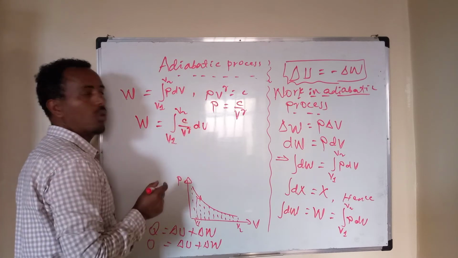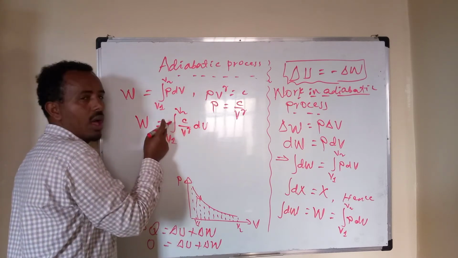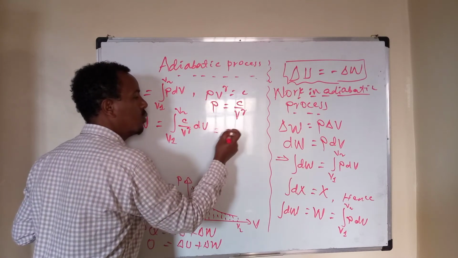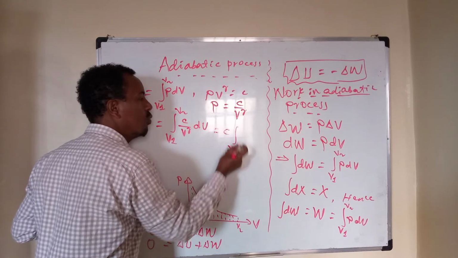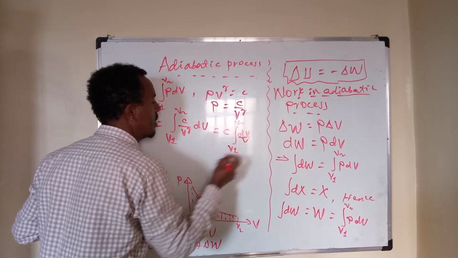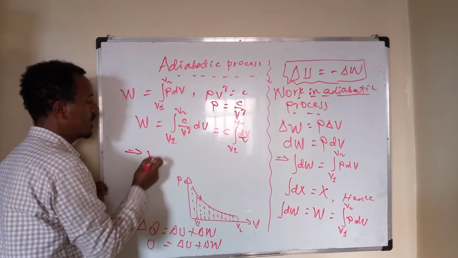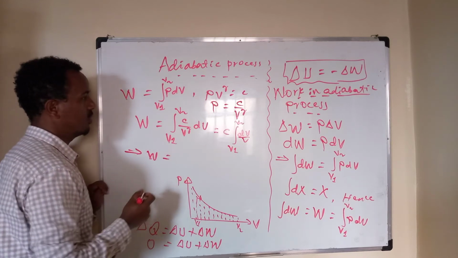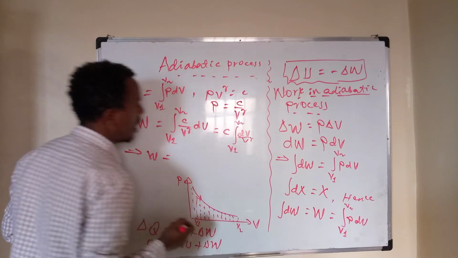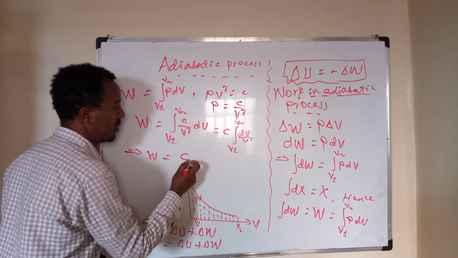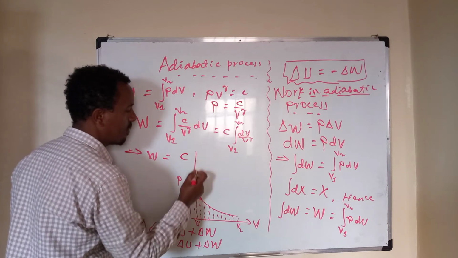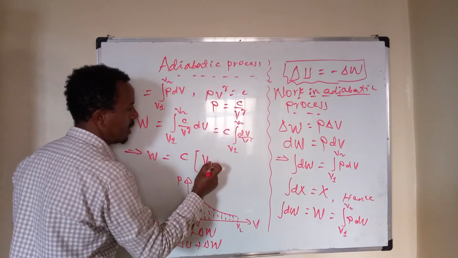So C is constant. Take C out of the integration. So this is equal to C times the integration from V1 to V2 of dV over V raised to gamma.